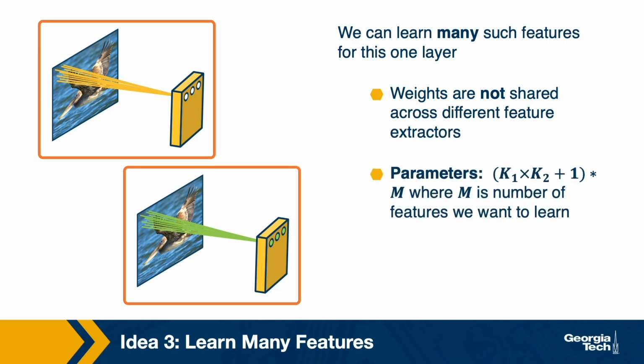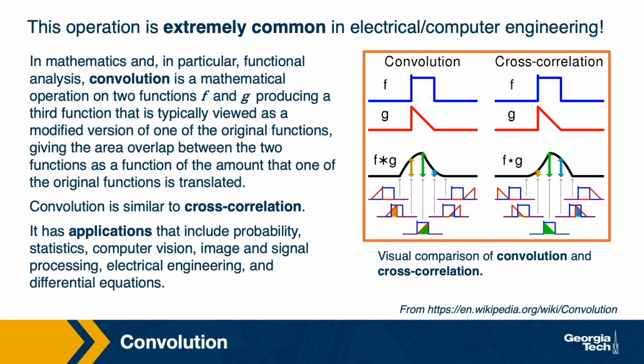And so the number of parameters now, we've increased it a little bit, but we've also increased the expressiveness or representational power. That is, now we can represent multiple types of features. And we'll have (k1 times k2 plus 1) times m parameters, where m is the number of features we want to learn. And so now we want to understand how can we actually implement this feature extractor.